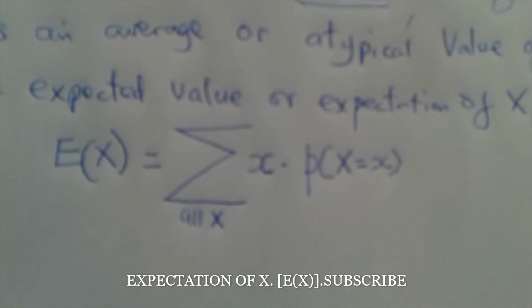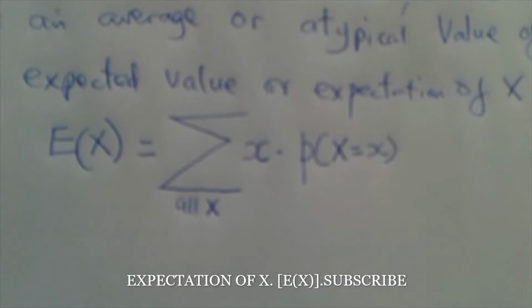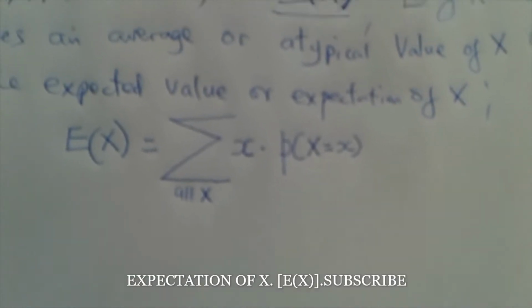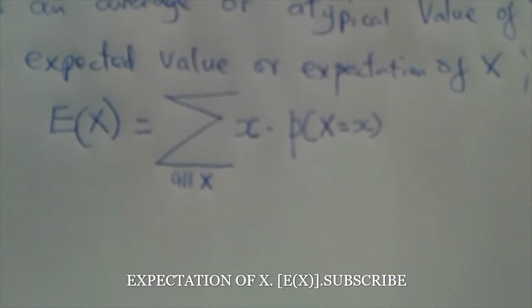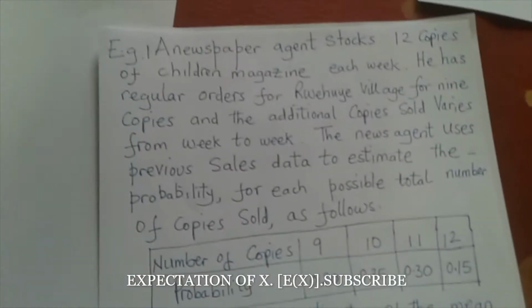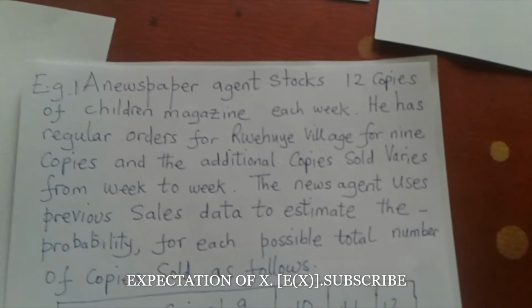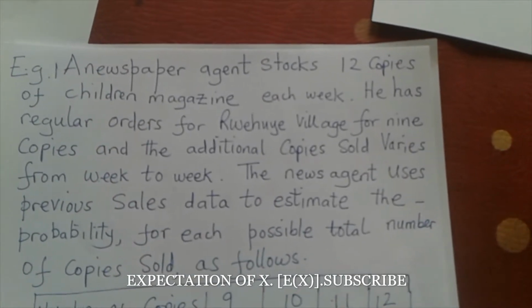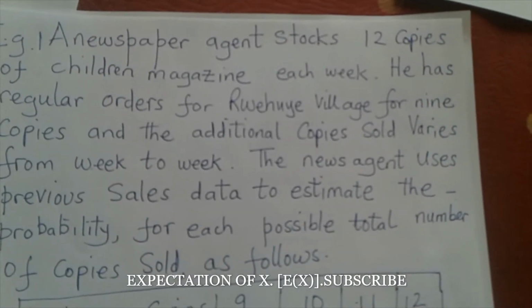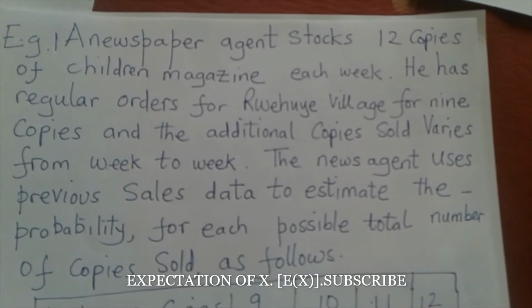Now, we shall look at expectation of any function, but let us first have an example on how to use the formula. I want to begin with this example 1, which goes that a newspaper agent stocks 12 copies of a children's magazine each week.